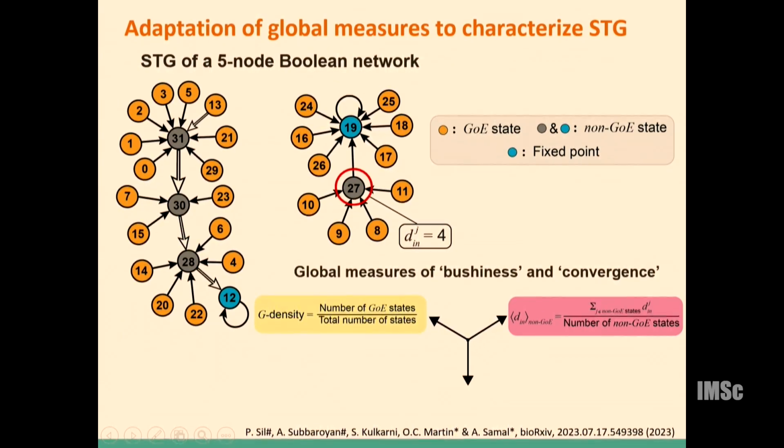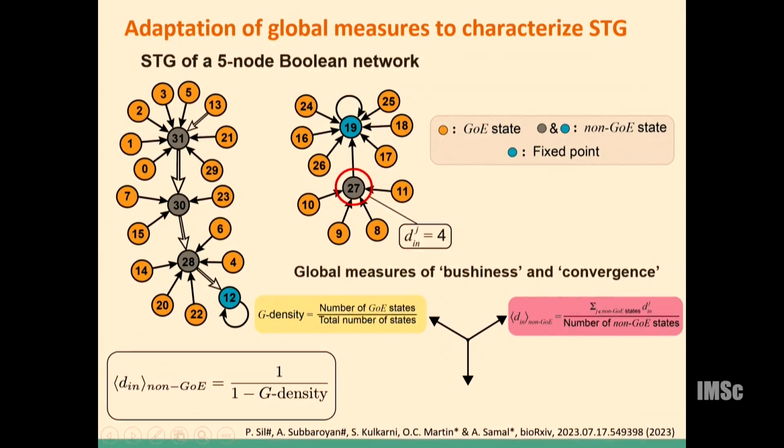This is the formula for that. And there is an explicit relationship between this in-degree and the G density that can be written in this form. So any one of these two measures can be used as a bushiness measure. The other quantity that we are interested in is the transient time. That is the time it takes to reach the fixed points from any state.